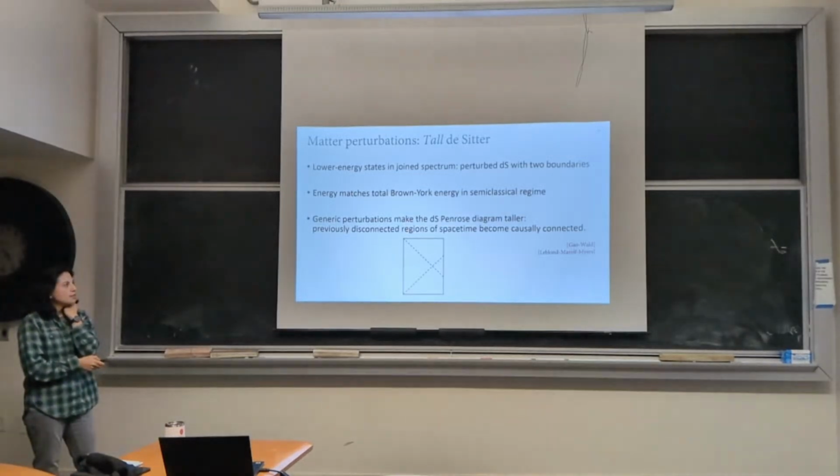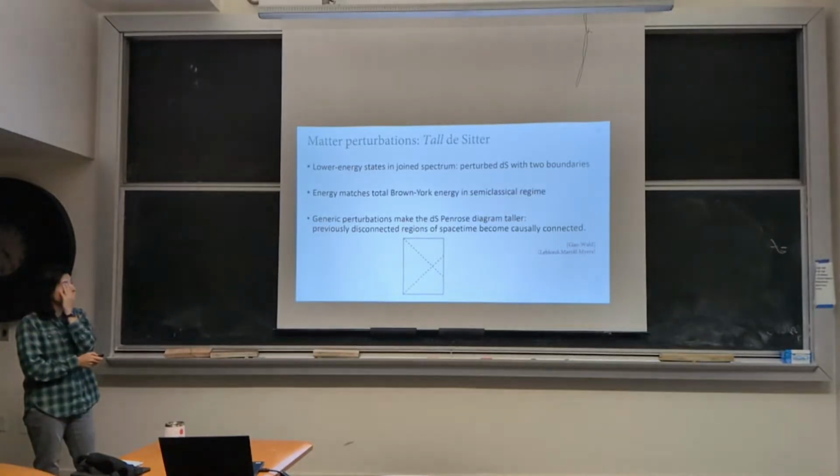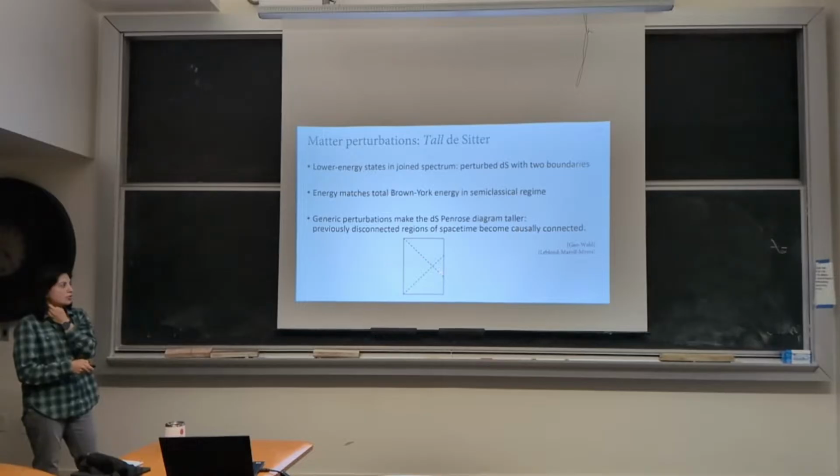If you put matter in the de Sitter space, there are theorems that tell us there are regions in the space that were previously disconnected from, let's say, an observer that lives on the left boundary, but by adding matter, those regions become accessible to the observer on the left.